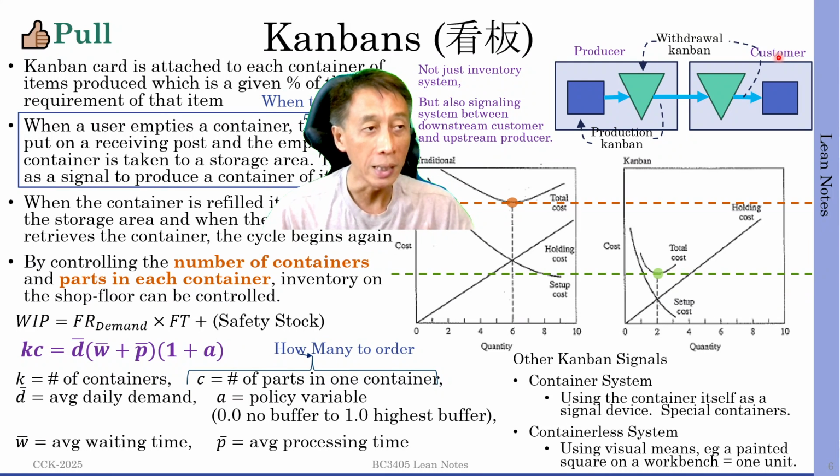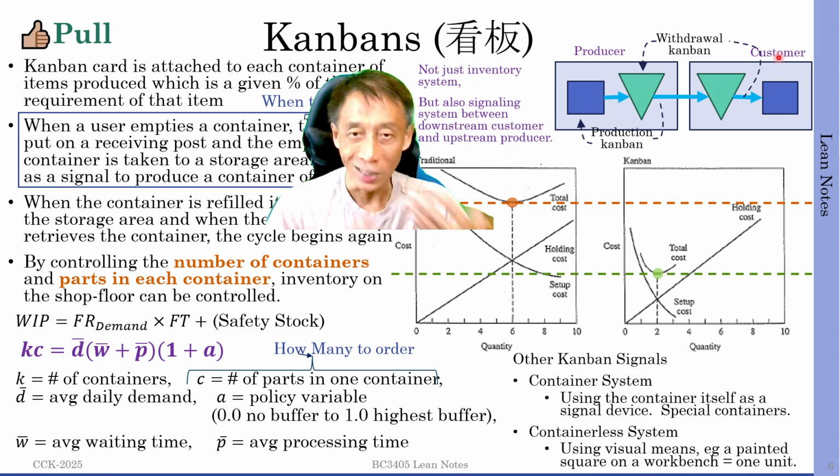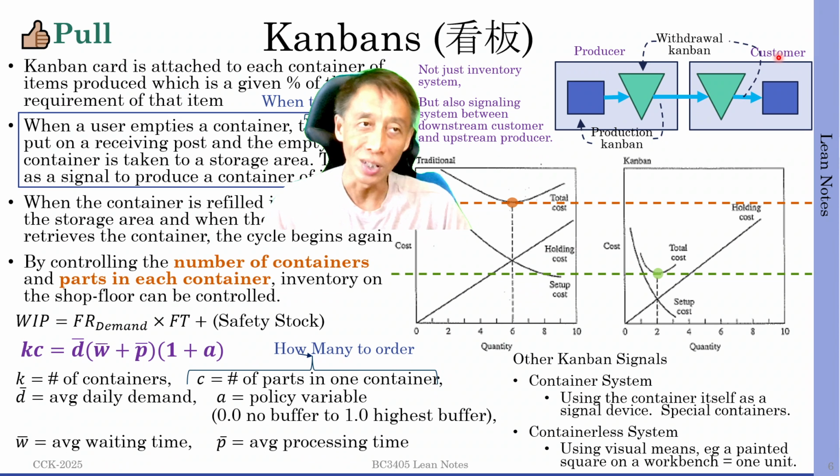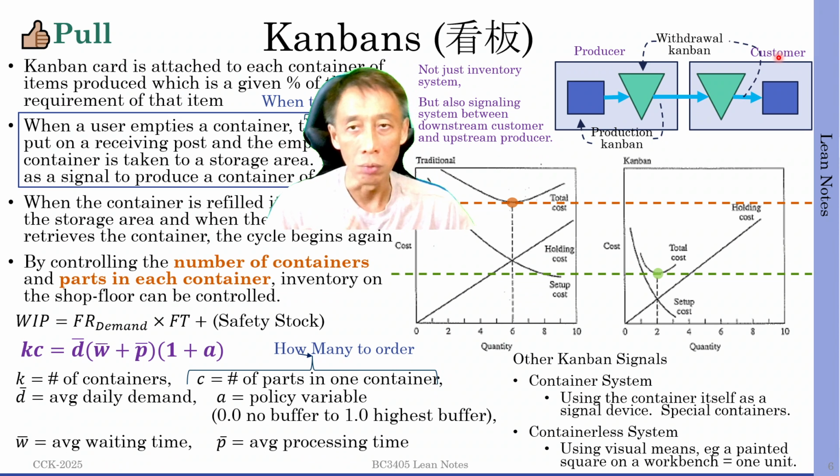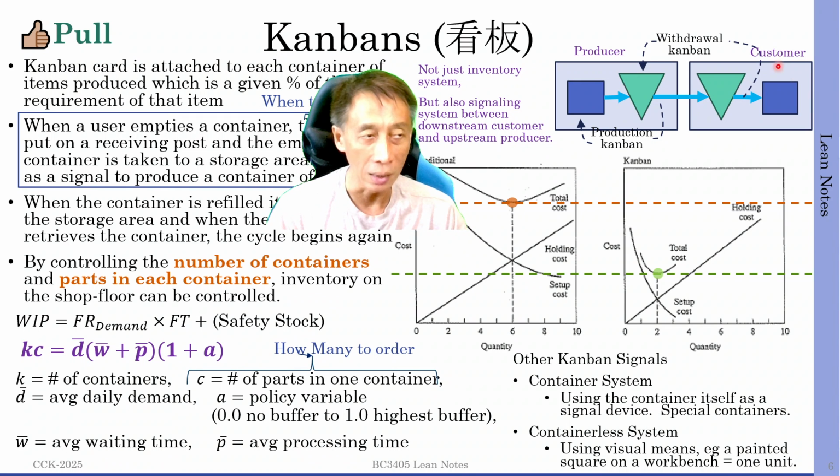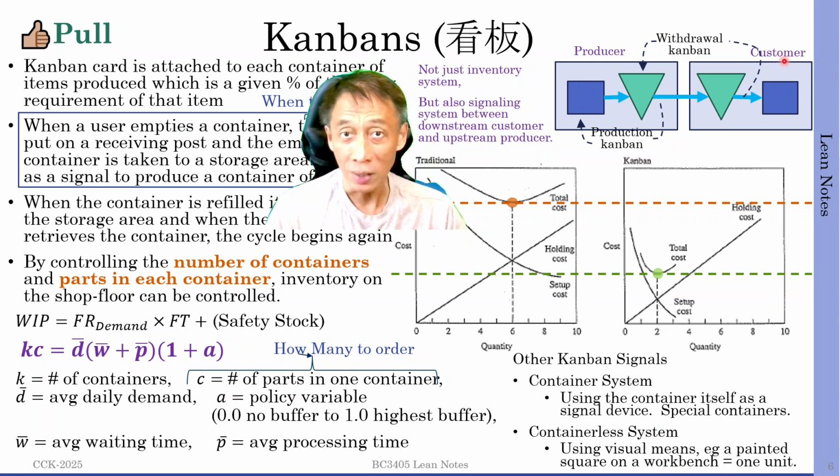So from the lean perspective, each resource looks at the downstream workstation or resource as a customer rather than just another kind of me to operate on the flow units. So the view is slightly different, but that also changes the way we do various things, including the management of inventory.